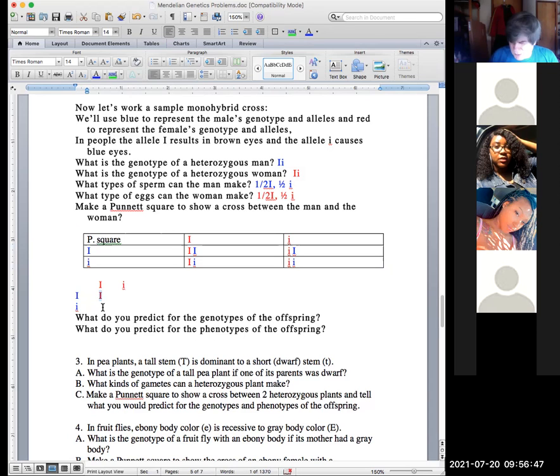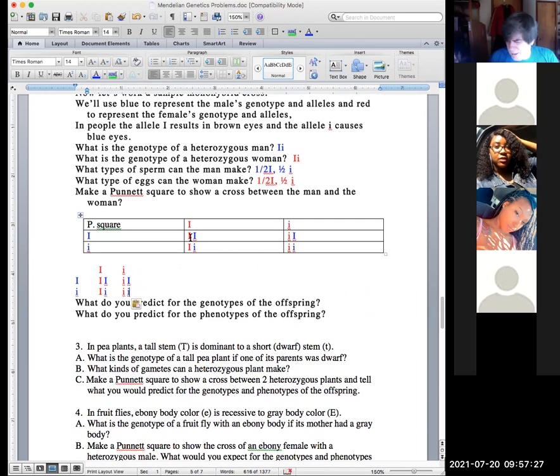So we're going to do the same thing. We're going to carry the big I from the mom down underneath. We're going to carry the little I from the mom. We're going to carry the big I from the dad across to every cell in the same row. And whoops, that should have been a little I there.